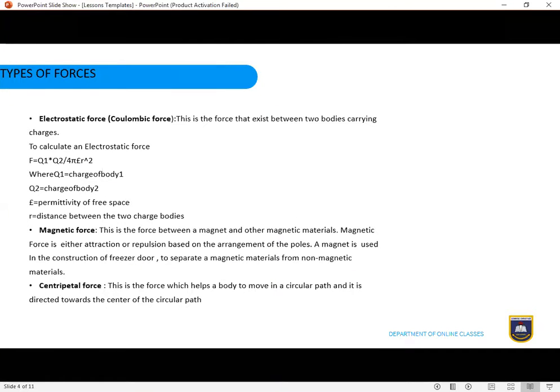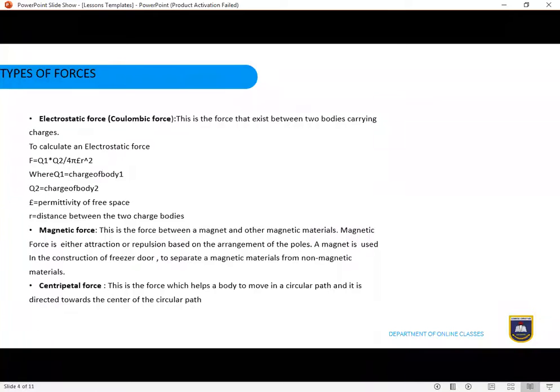Moving on, the second force over there is magnetic force. Magnets either attract or repel each other depending on the poles being placed by each other. For example, if I have this as my magnet and this as my other magnet, if I want them to attract, I must bring a north pole to a south pole.